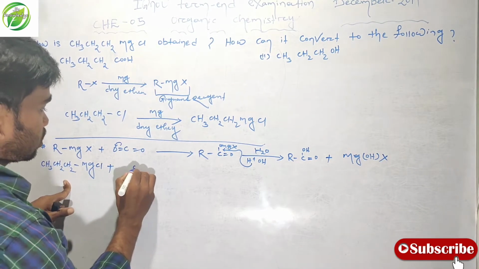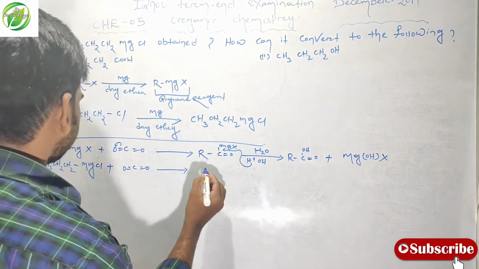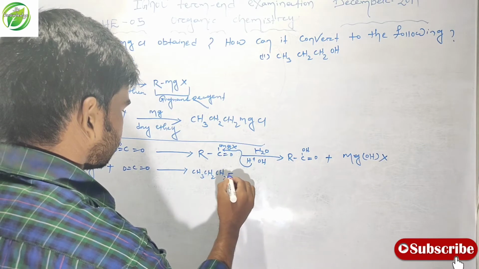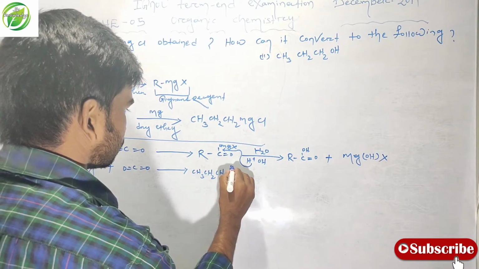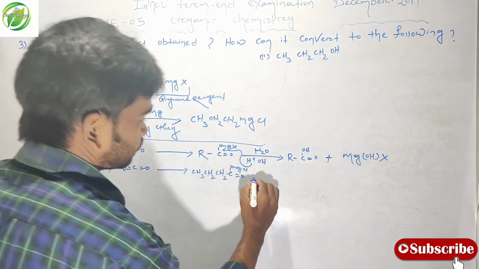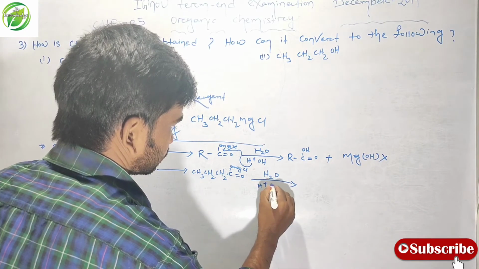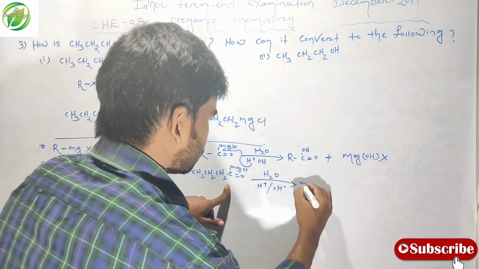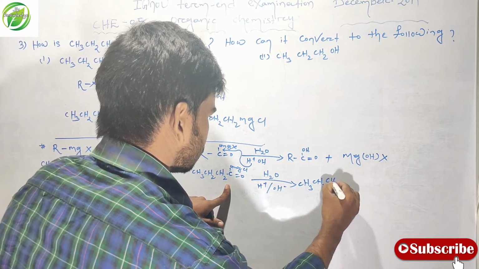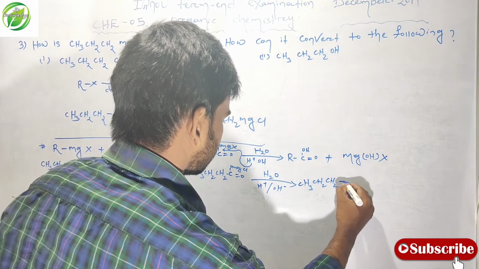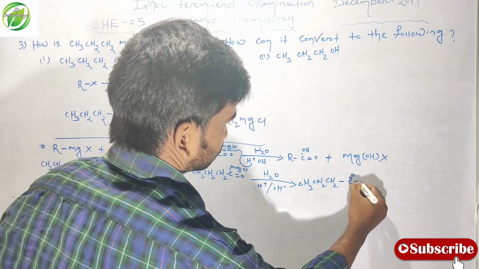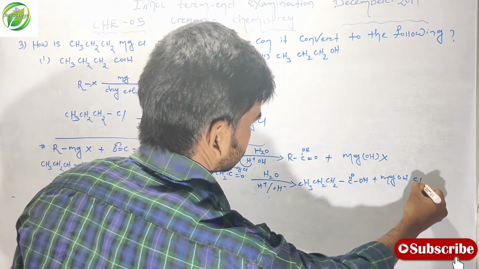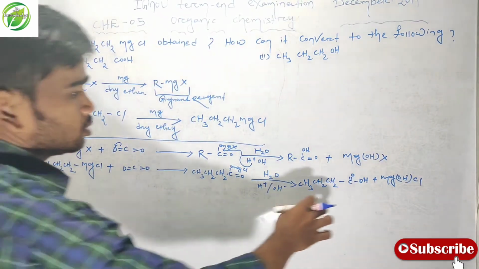When this Grignard reagent reacts with carbon dioxide, it gives the MgCl salt, and in the presence of water, we simply follow this mechanism. This is the resultant product.